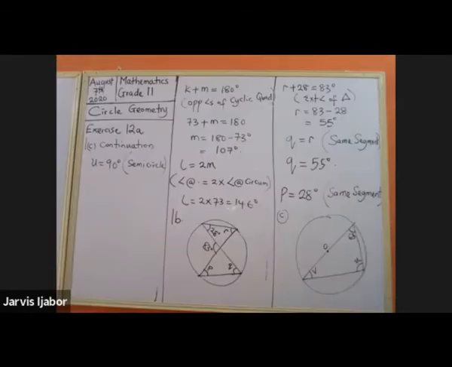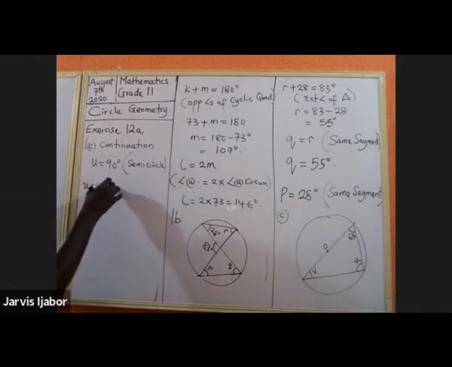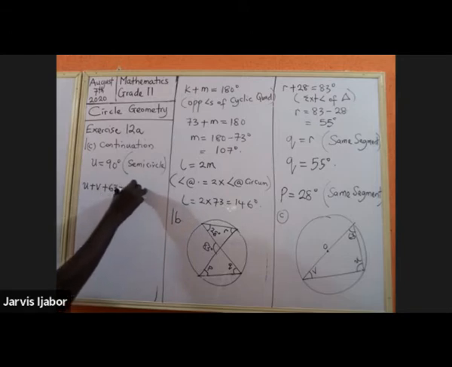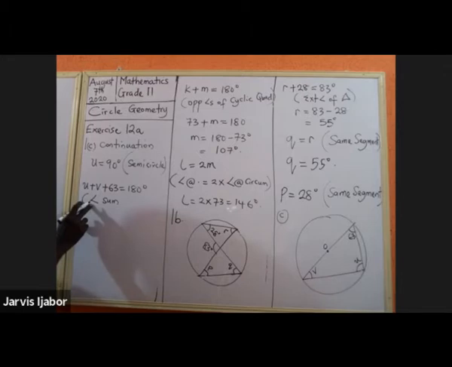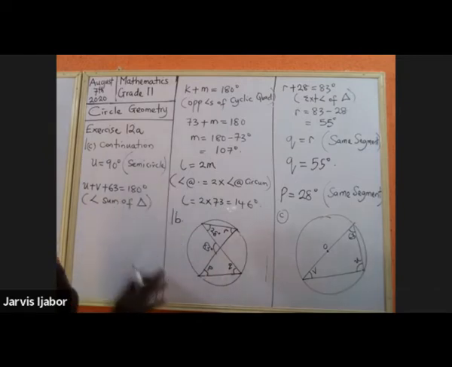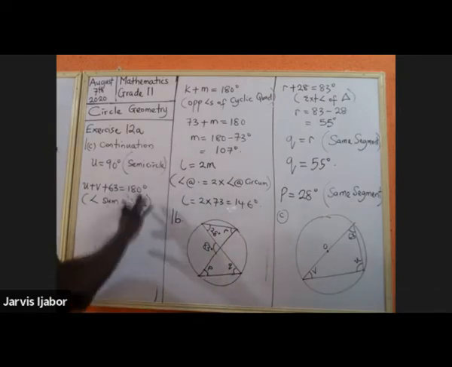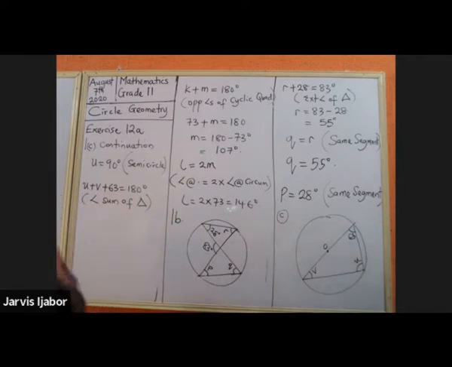So let's continue. Look at that triangle. So we have that U plus V plus 63 will be equal to 180 degrees. What is the reason? Angle sum of a triangle. Some people don't use symbols, but I use symbols a lot. So what is U?